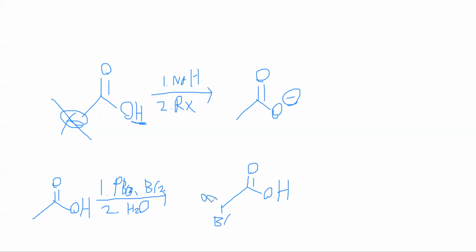And I haven't said it yet, which is my bad, but alpha is just the spot next to the carboxylic acid or whatever else you're interested in. That's all alpha means.